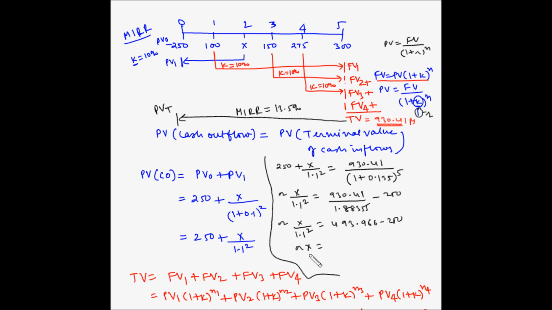Or x is equal to 243.966 multiplied by 1.1 square. So x is equal to 295.19 rupees. So the cash outflow for the second year is 295.19 rupees.